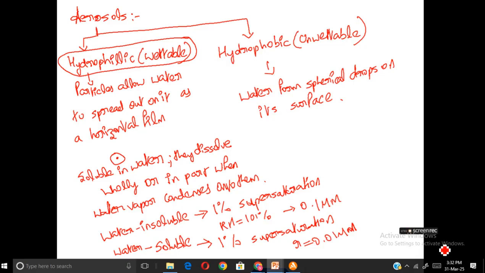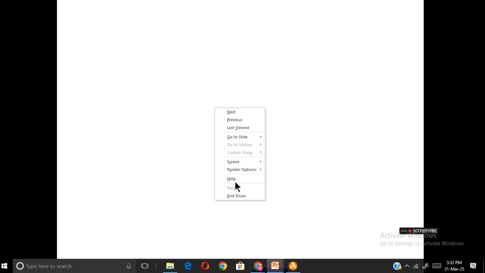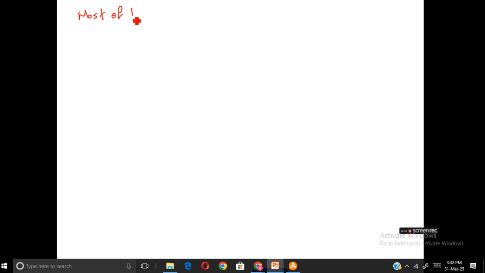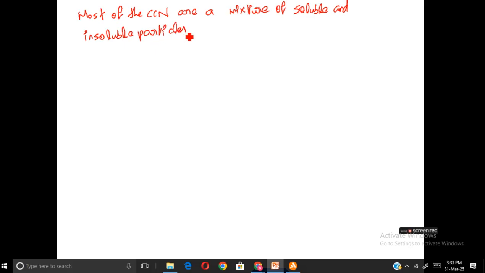Okay. So basically, most cloud condensation nuclei are a mixture of soluble and insoluble particles or components.